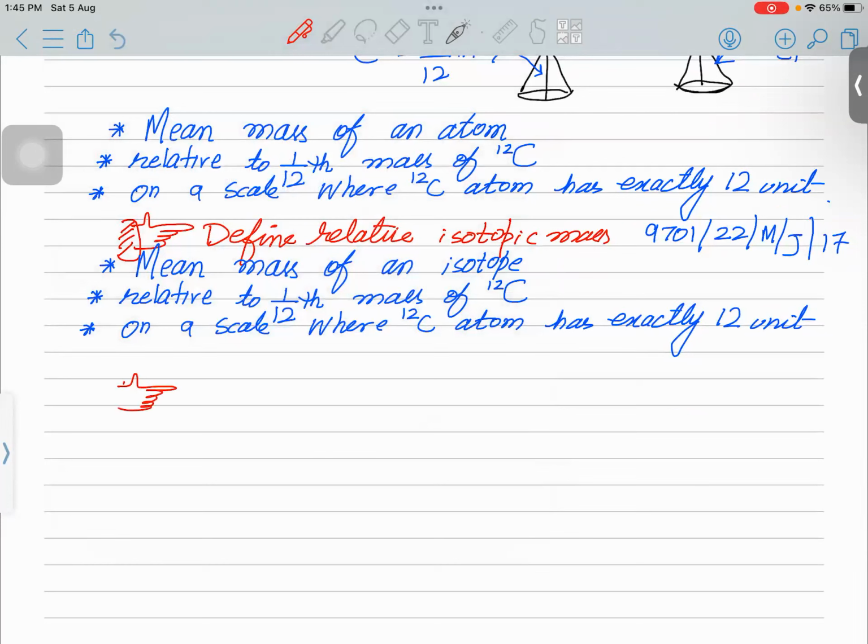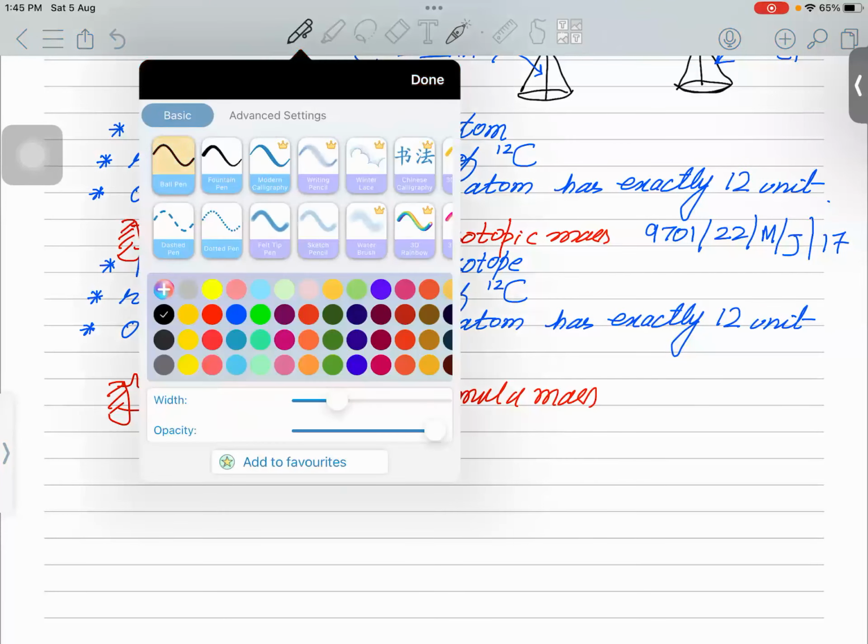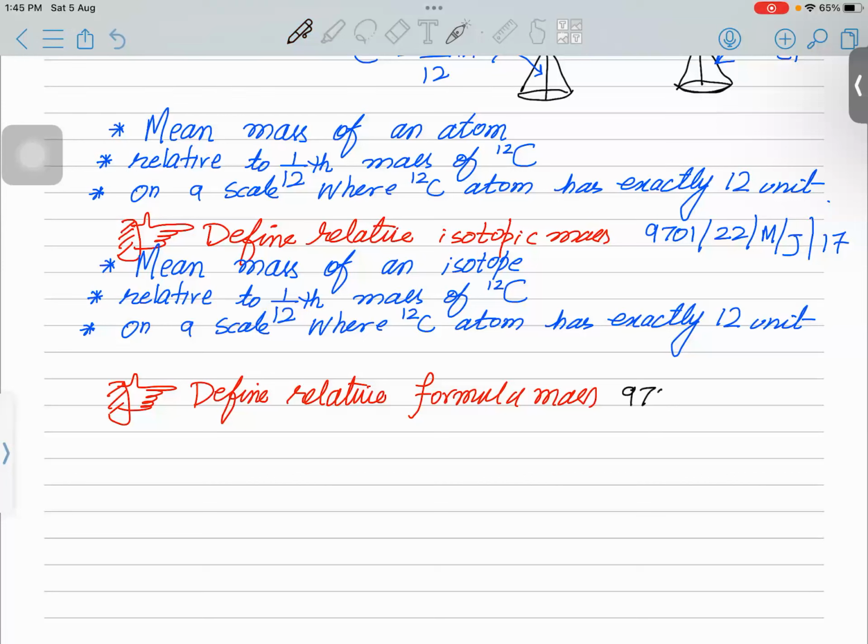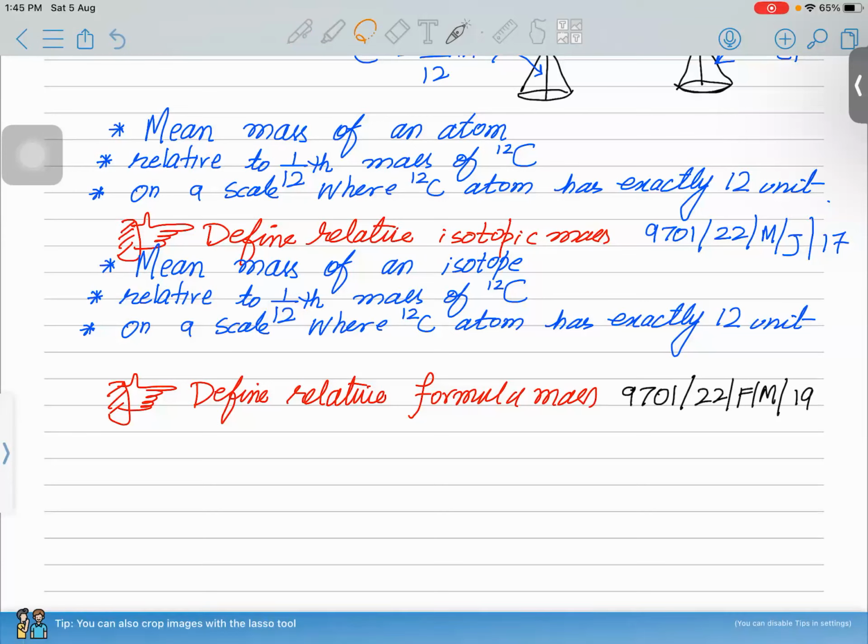Isa, next question for you. Define relative formula mass. The examiner asked in 2019 in the February March paper. Isa, can you define?